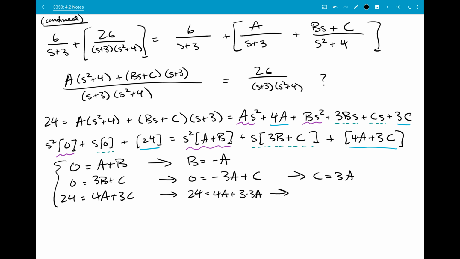So that means that 4 plus 9 is 13. So 26 is equal to 13A. So, it doesn't look right at all.